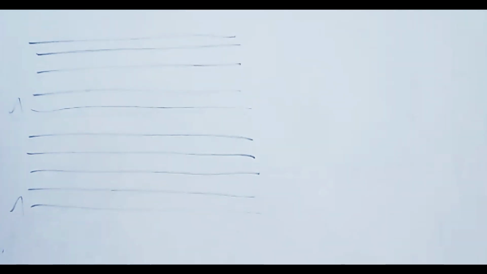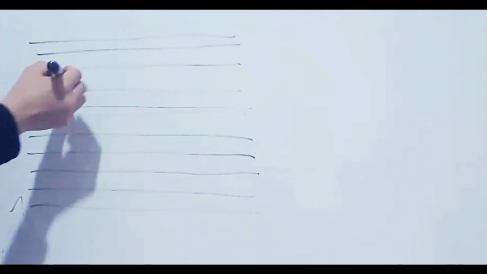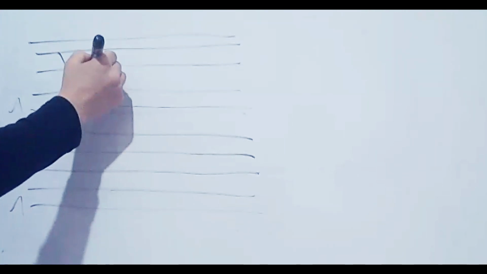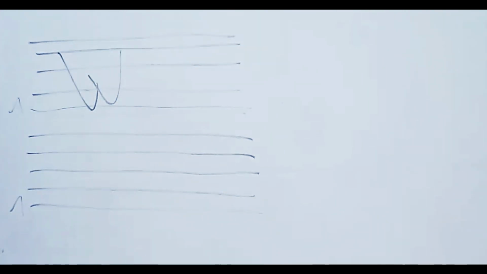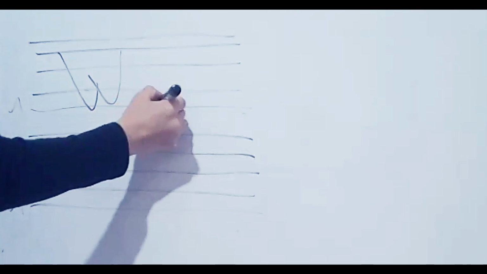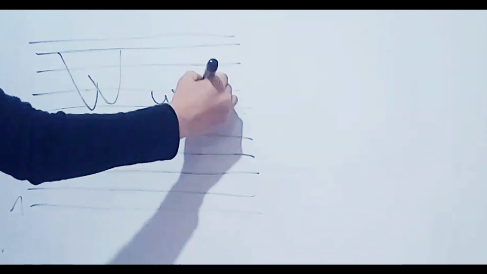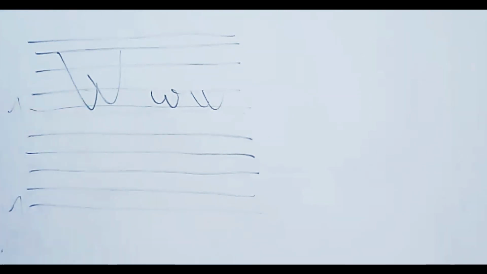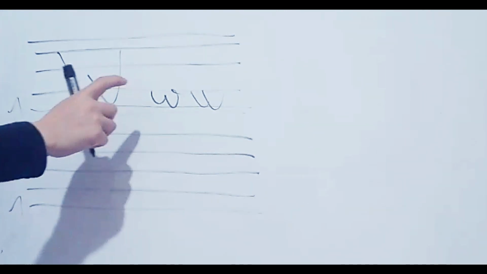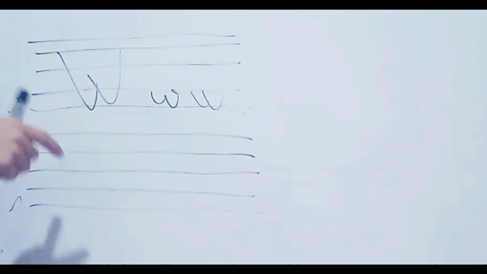The capital letter W is like this. Like this. The small letter like this. And you could write it this way. Both are correct. W, X now.